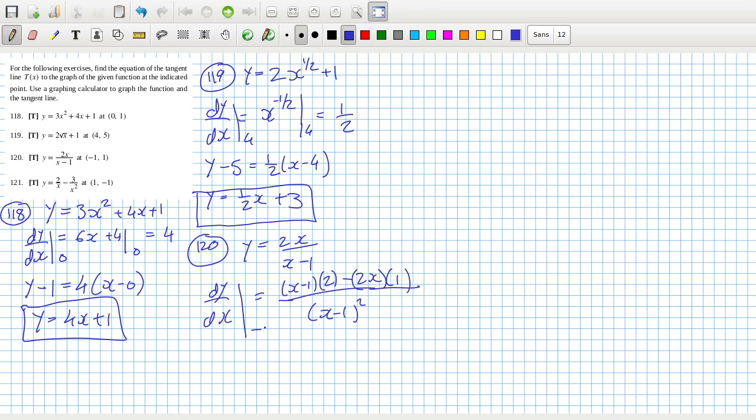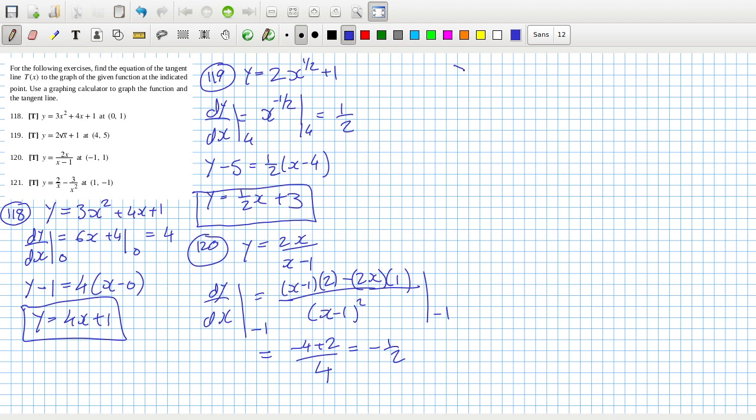So that's at the point minus 1. So let's see. That would be minus 1 minus 1 minus 2 squared is 4. Minus 1 is minus 2. So that's minus 4 plus 2. So that's 2 minus 4 minus 2. So minus a half then.